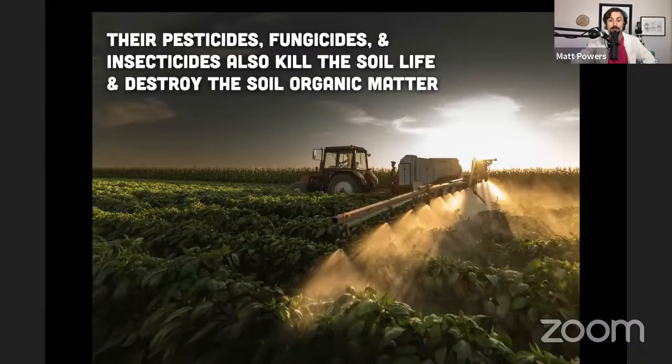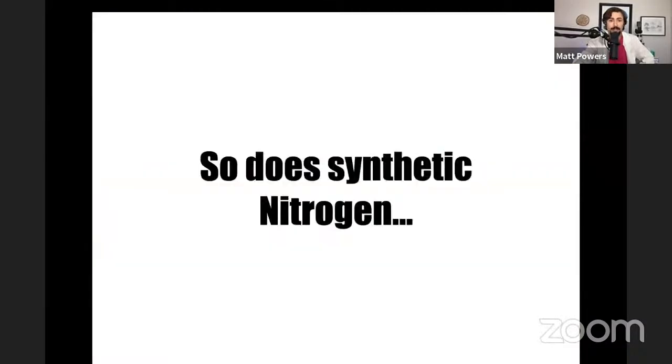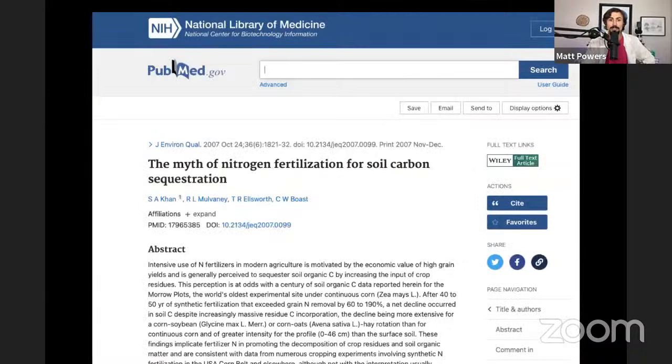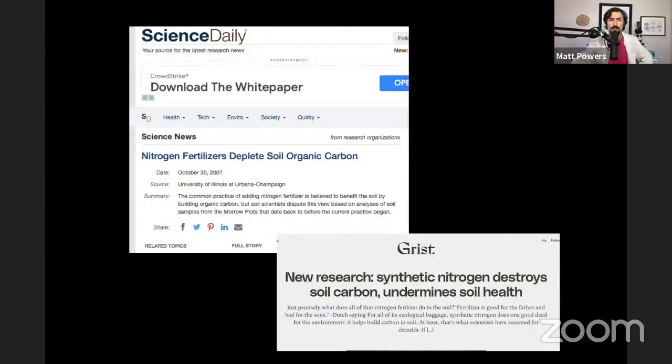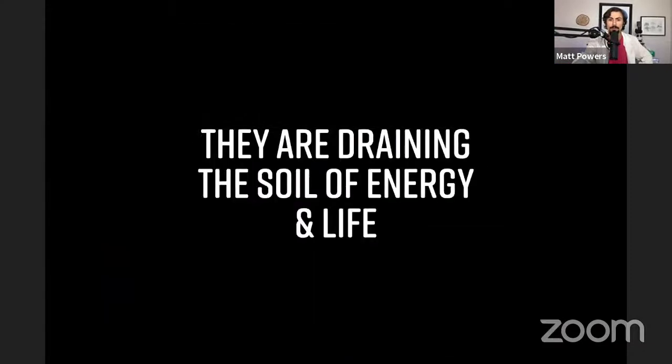And this also destroys the soil organic matter. So does synthetic nitrogen. For a long time, they tried to tell people that adding synthetic nitrogen will give you carbon sequestration in the soil, but that's just not true at all. And so now we know. Now the truth came out. They are draining the soil of the energy and the life.